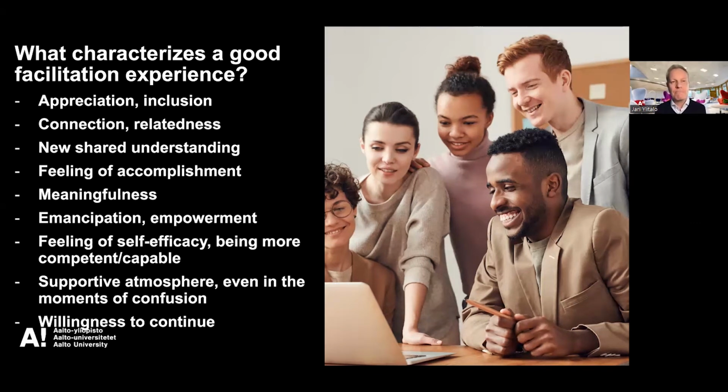There's an inclusive feel, that people feel that they themselves as persons are appreciated and included, that the process invites and engages people, and somehow that connection and relatedness is built, and so those are pretty much connected. That we are productive as well.